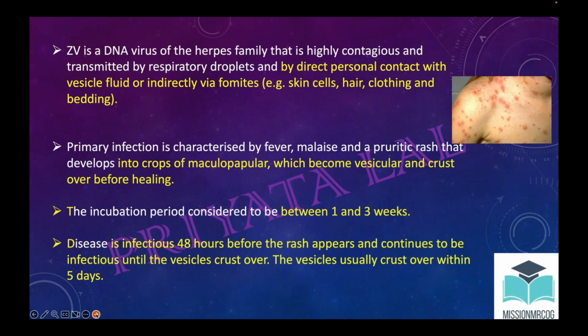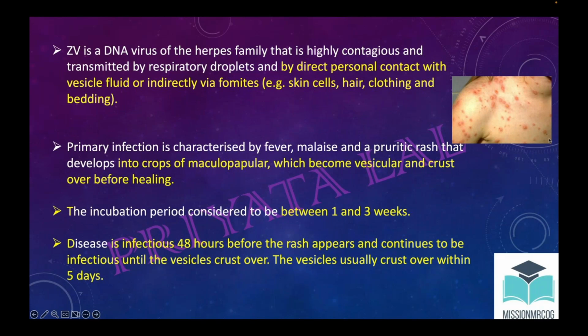Okay. Now, the primary infection usually presents with fever, malaise, and a pruritic rash, the rash usually of chickenpox. It appears in crops, and first it is a small maculopapular rash.